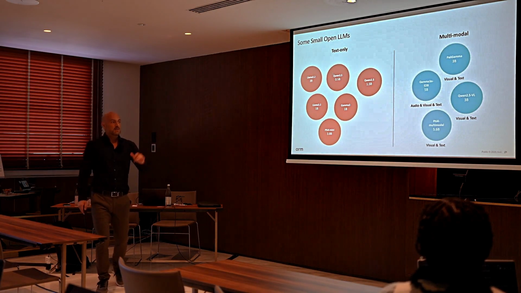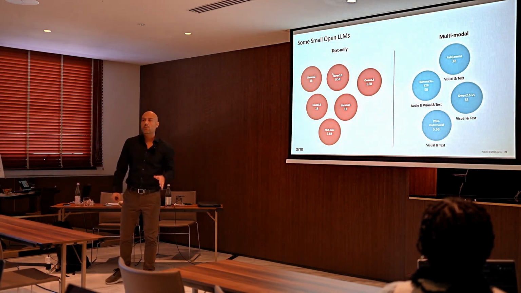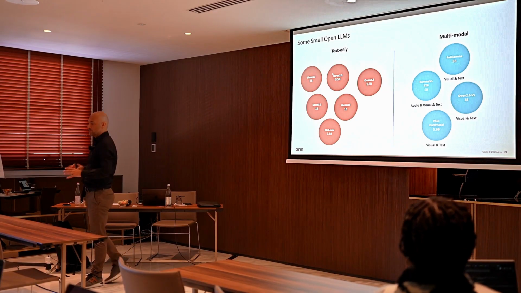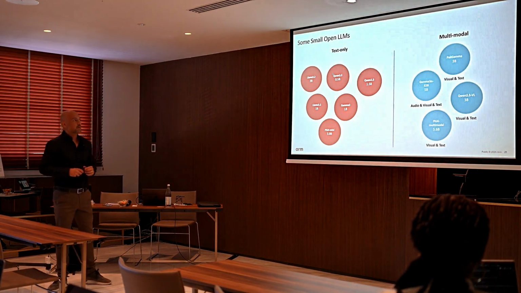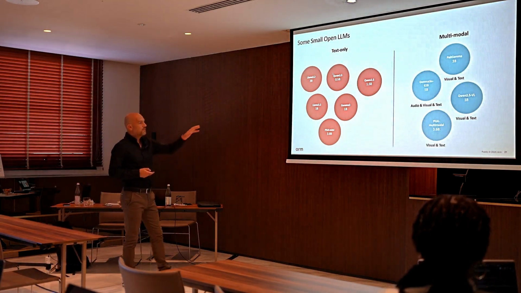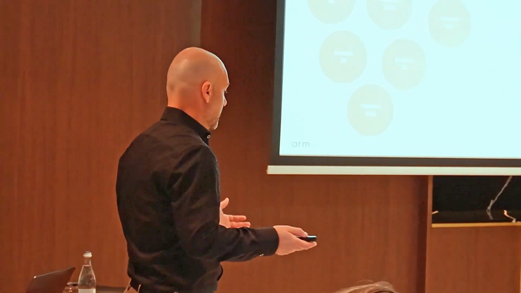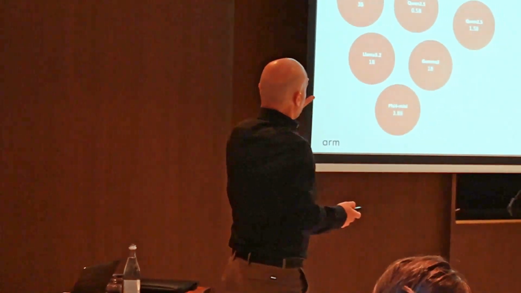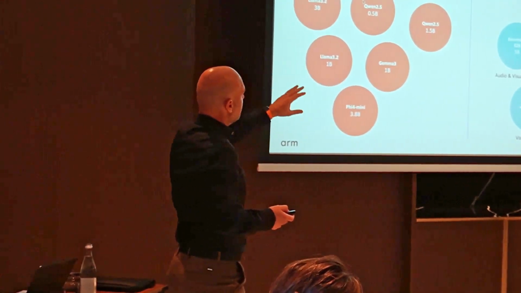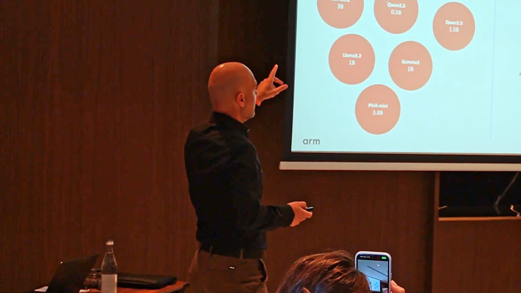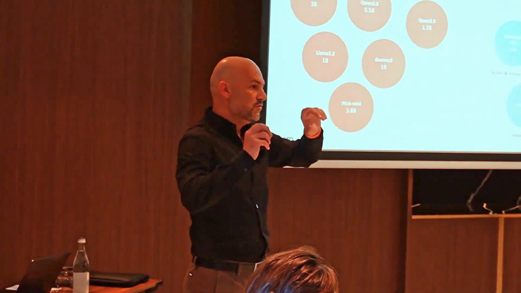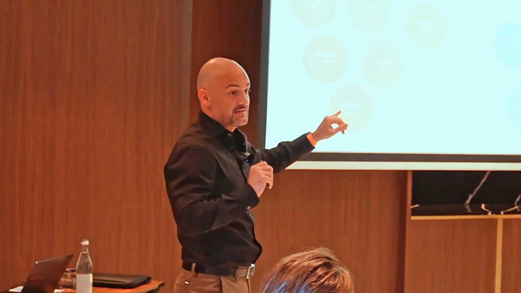So, in this slide, if you're not familiar with open large language models or open multimodal models, there are a few of them that are publicly available, made with open licenses. You can see from this slide that between text only and multimodal, probably the difference is the model size.